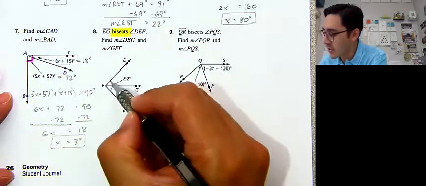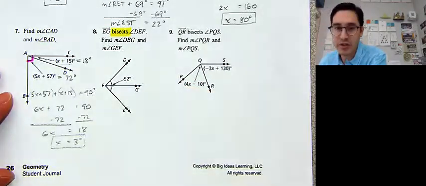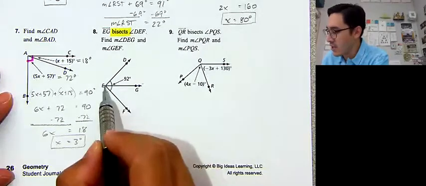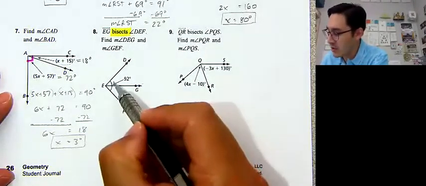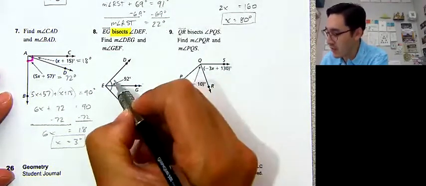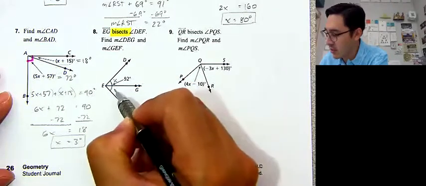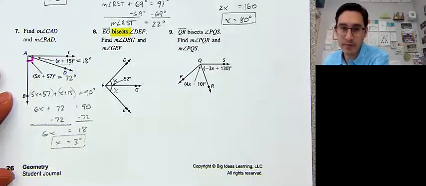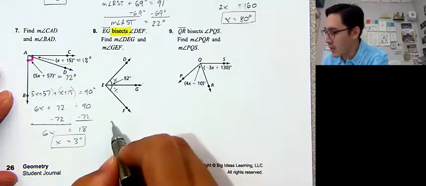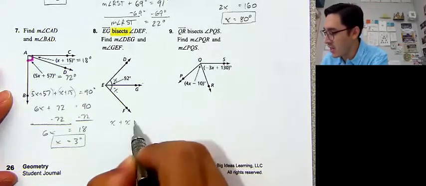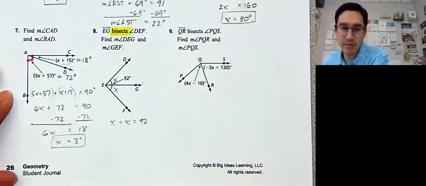So it looks like the whole angle measures out to 92 degrees. Because EG bisects, we know that these two angles will be the same. So if I call this one x, then I would call that one x as well. So I can simply write x plus x equals 92.